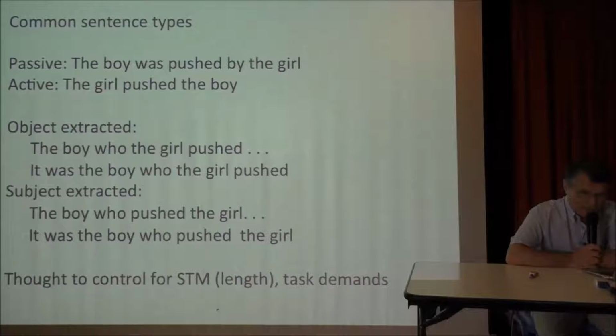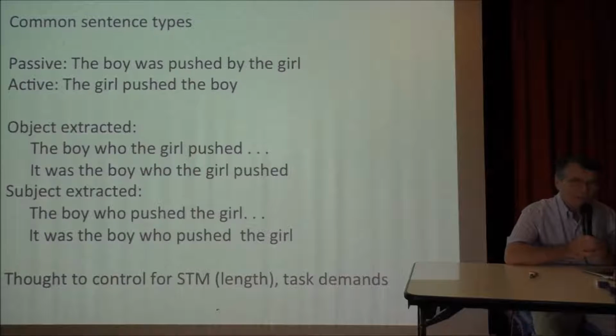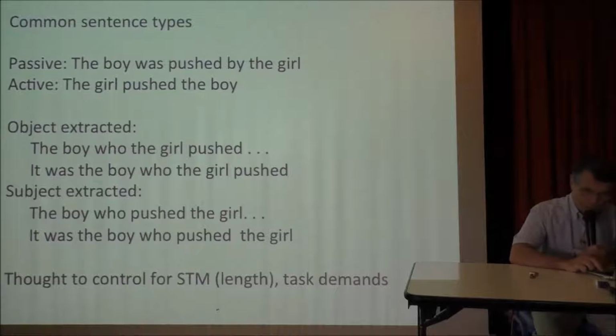The fact that they were being matched to pictures, or in some cases, like my work, enacted, was thought to control for the demands of the task. The fact that the vocabulary was the same was thought to control for vocabulary knowledge.